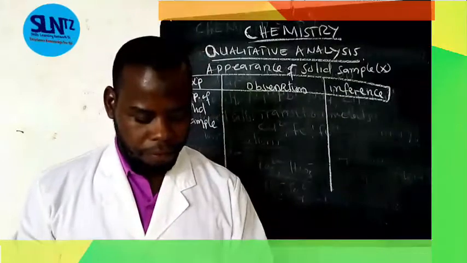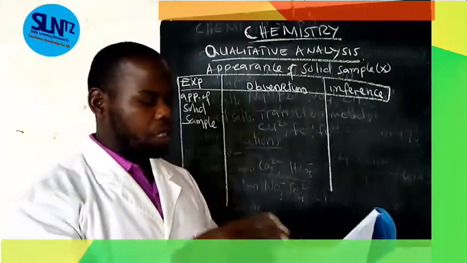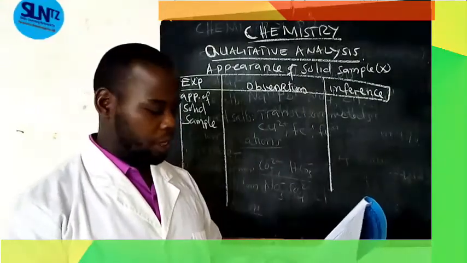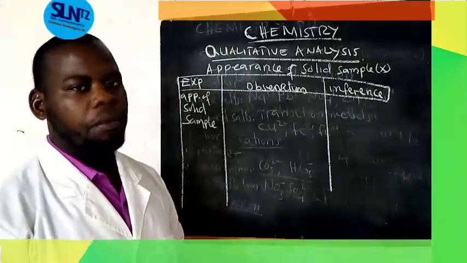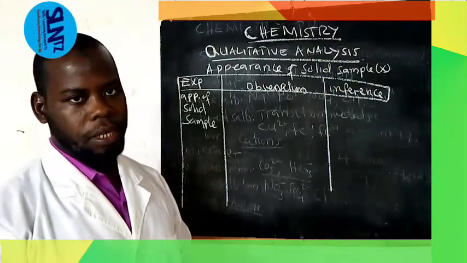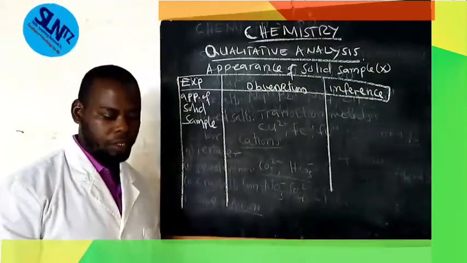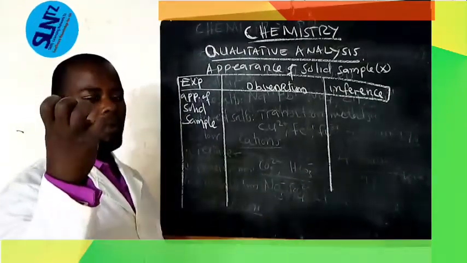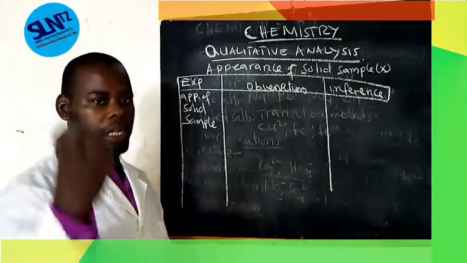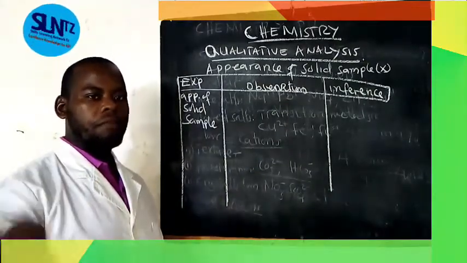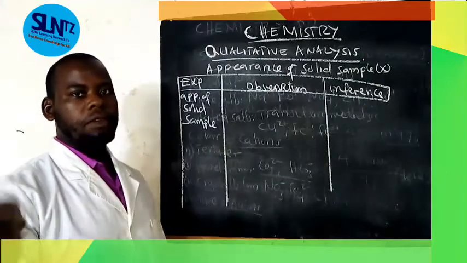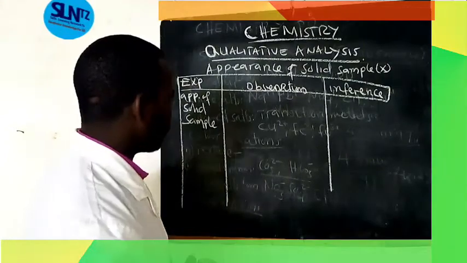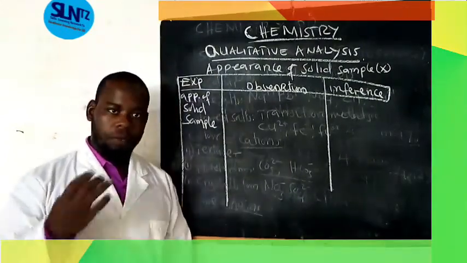My sheet has separated the white, the color, and the other properties and the textures. But myself, I have to join the sentence. You have to join the sentence when you write your report. For appearance, you have to join the side of white, the color and the texture, and we join the inference from color and the inference from texture.